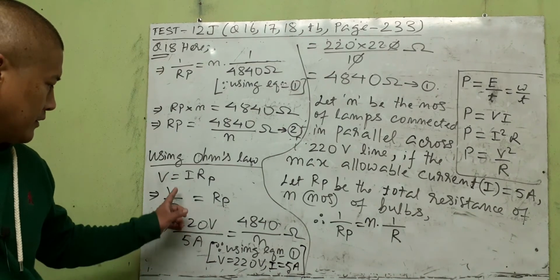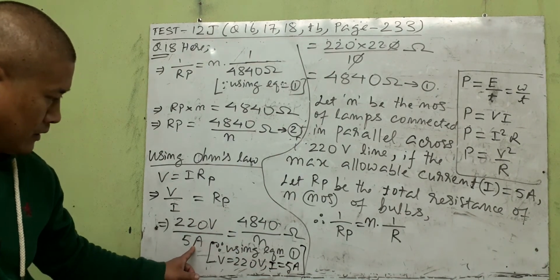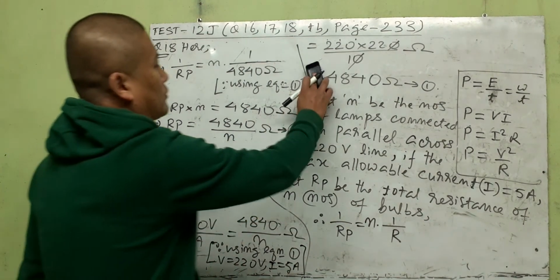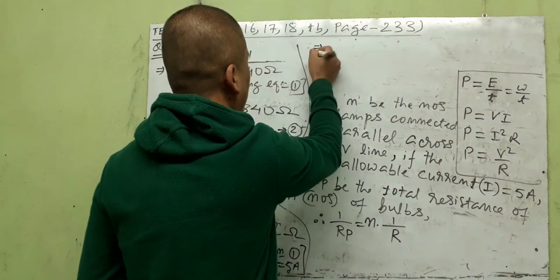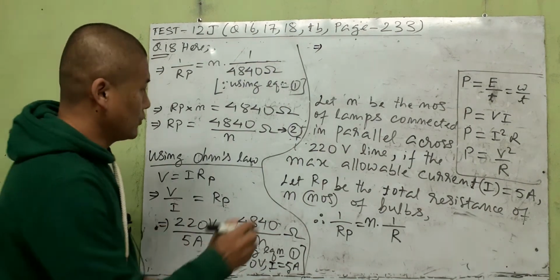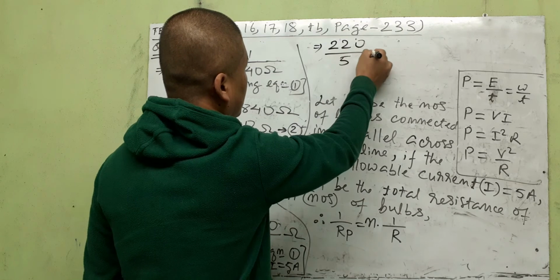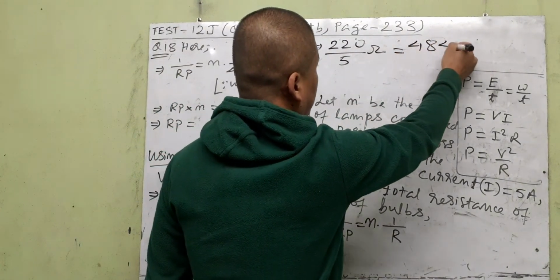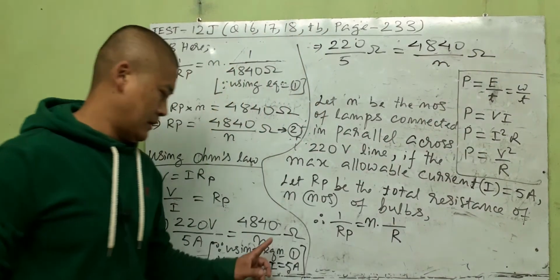That's why we replace this V by this 220, I by 5 ampere, and Rp by this value here. Once we're through with that, then it's just a matter of calculating. Now we know volt by ampere SI unit will change to ohms. 220 divided by 5 ohms is equal to 4840 divided by n ohms, as you can see here.